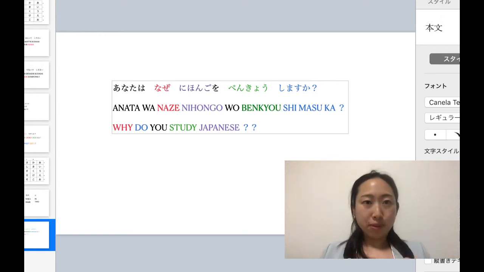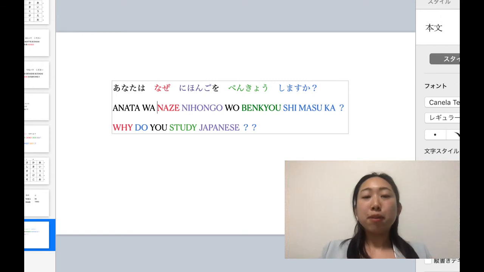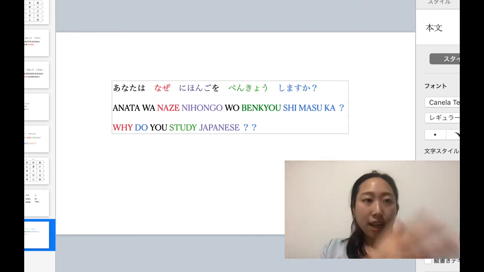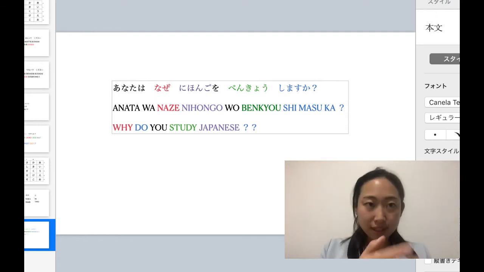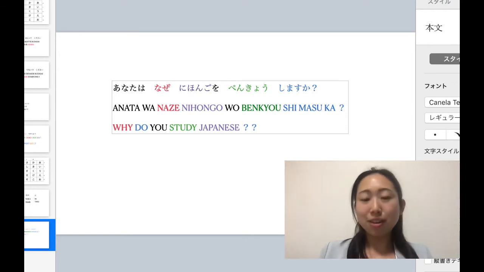If you are in a group and you want to ask the questions one by one, then you can put the name of the person. For example, like Kartik-san, or like Kumar-san, like Alexandra-san, Mike-san. あなたはなぜ日本語を勉強しますか? You can use that too. So, なぜ日本語を勉強しますか?